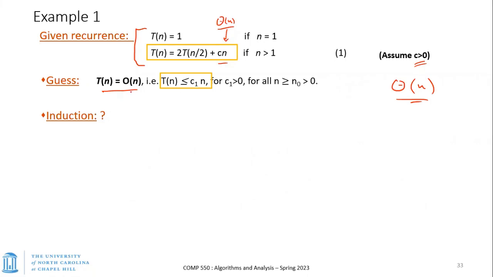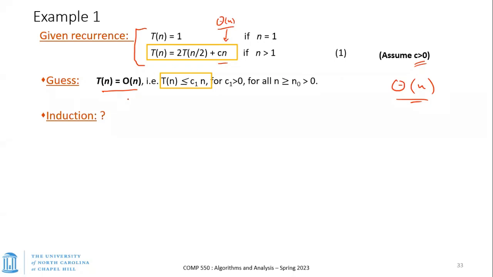If we can do big O of n, maybe we can do big omega of n, and then theta of n. Let's do it step by step. Let's assume this is big O of n, and by the induction process, we'll be able to prove it correct or incorrect. Our guess is that it's going to be proven incorrect, because we already know it's actually n log n, not n.